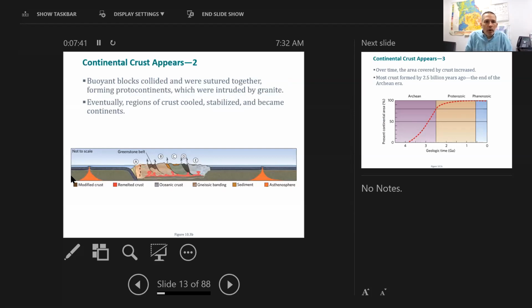So these buoyant rocks, these rocks that are less dense, are going to form protocontinents, and then through chemical fractionation, some of these rocks, when they start working their way up, are going to become more felsic. Remember, they're going to melt the rock around them. Granite has a lower melting point.